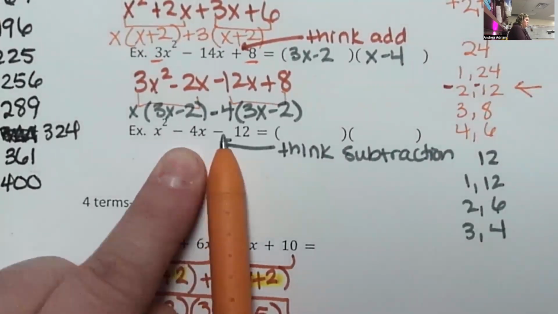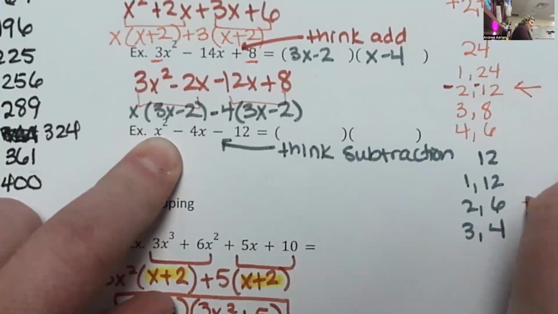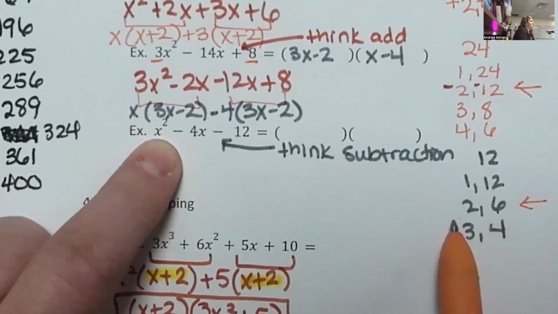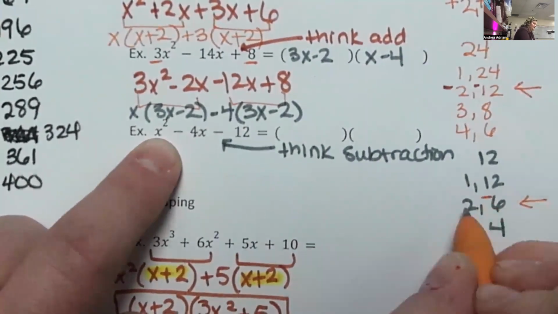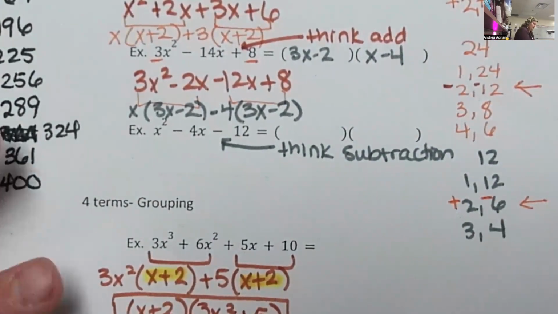Which one of those subtracts to get me 4? 2 and 6. Okay, I need a negative 4 though. Who needs to be negative? The 6, right? Because I want a negative 4. So I want to put a negative 6 and a positive 2. Is a positive 2 plus a negative 6 a negative 4? Okay, so that's how we get back to it.